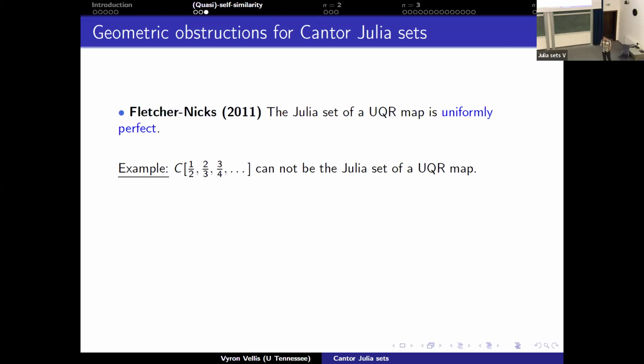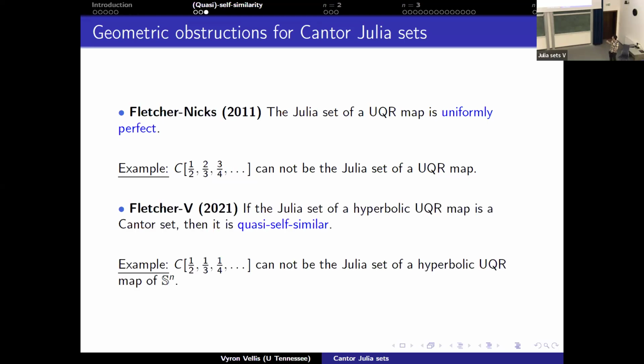They improved it for UQR maps, and this is, of course, in every dimension, not just in 2 dimensions anymore. And 10 years later, with Alastair, we proved that if you replace UQR by hyperbolic UQR, then you must have quasi-self-similar. And this generalizes the theorem of Hinkkanen and Pilgrim.